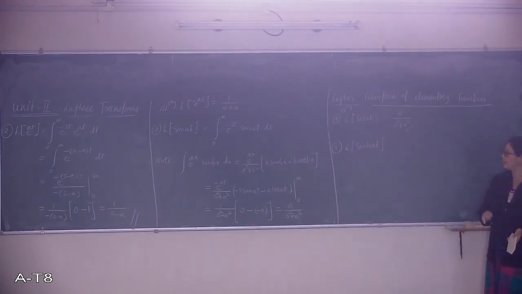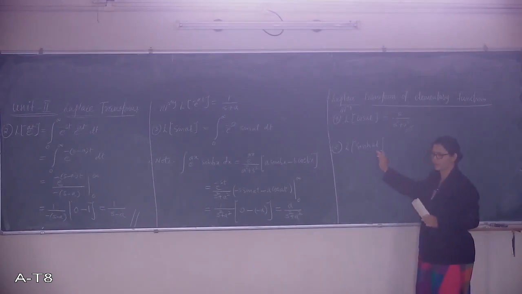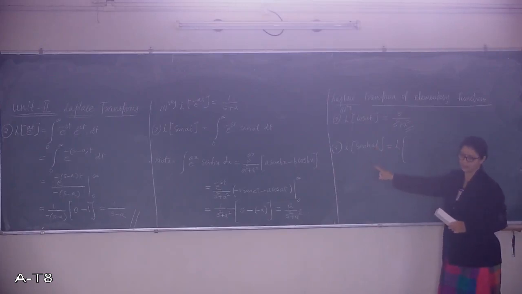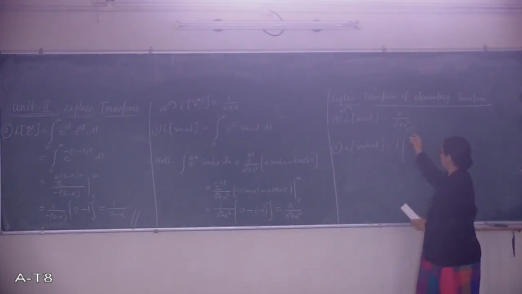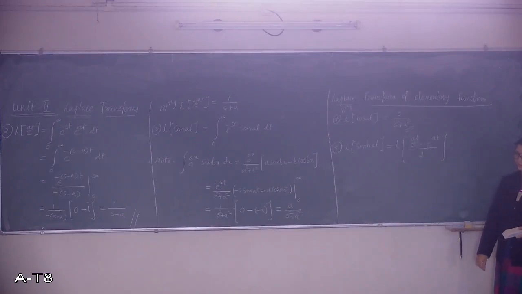So what we do is express this sine hyperbolic function into its exponential equivalent. So the Laplace transform of sine hyperbolic at, expressed in exponential form, is e to the power at minus e to the power minus at, divided by 2. Now it is easy to evaluate.